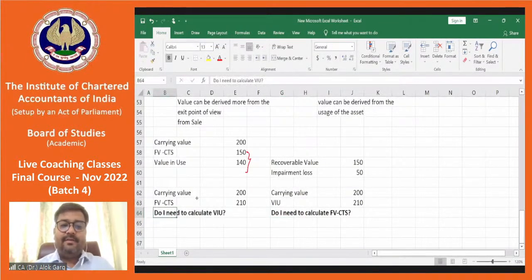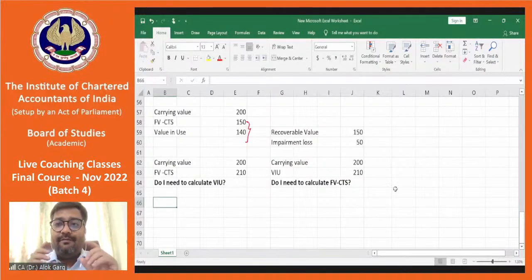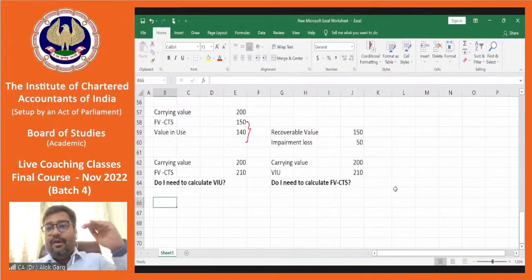Tell me, friends, in this example, carrying value is 200 and fair value less cost to sell is 210. Do I need to calculate value in use? So guys, the concept of recoverable amount is the higher of fair value less cost to sell and value in use. So if fair value is already higher than the carrying value, at least it will not go less than 210, right?